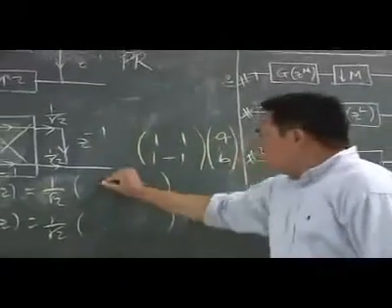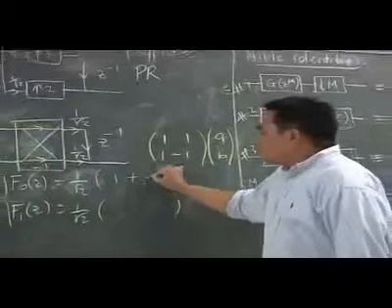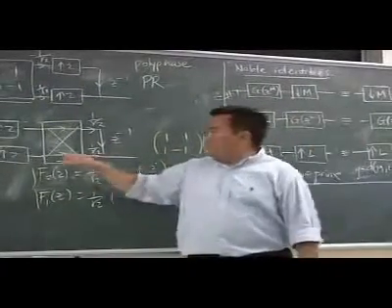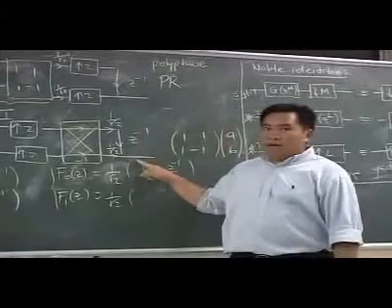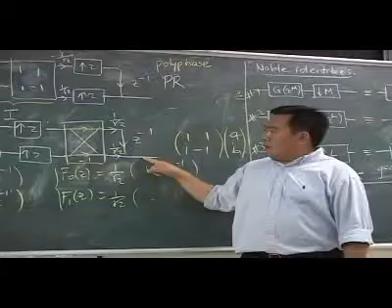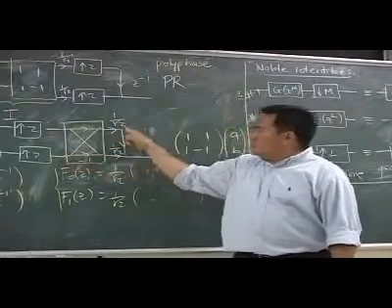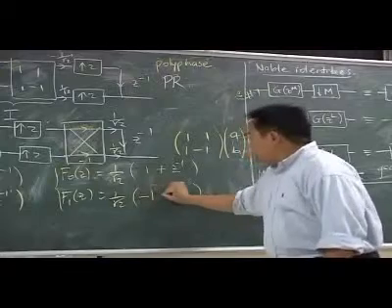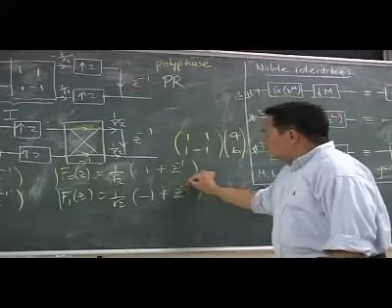Right? So it's still 1 plus the inverse. How about F1? From here to there. There's a minus 1 and plus the inverse. Okay? So minus 1 plus the inverse.